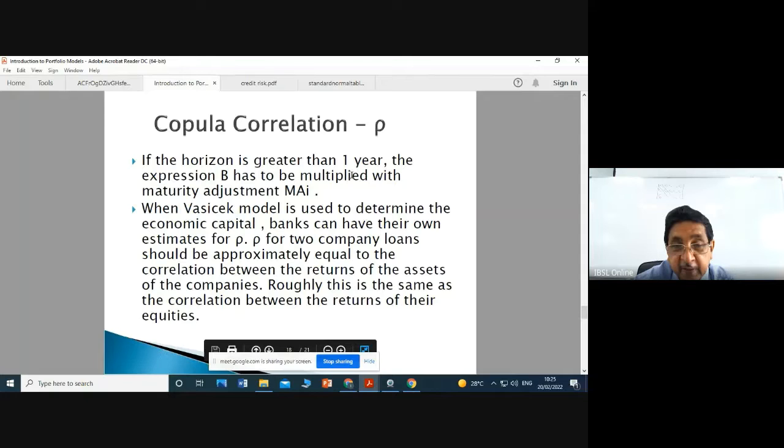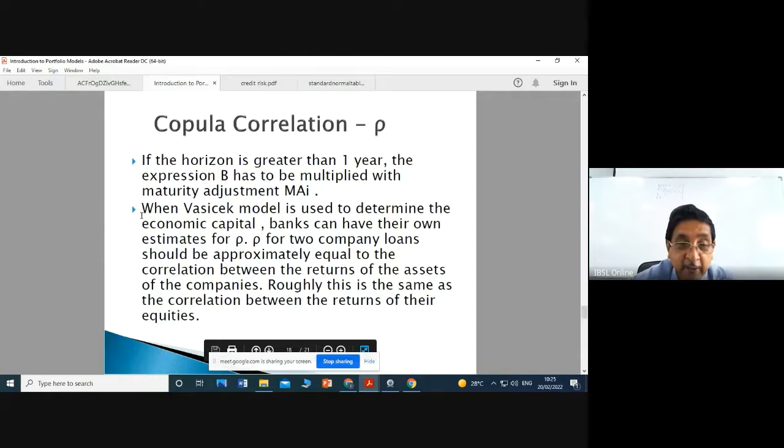If the horizon is greater than 1 year, the expression B has to be multiplied by the maturity adjustment MA_i. When the Vasicek model is used to determine the economic capital, banks can have their own estimates for rho, and rho for two company loans should be approximately equal to the correlation between the returns of the assets of the companies. Roughly, this is the same as the correlation between the returns of their equities.